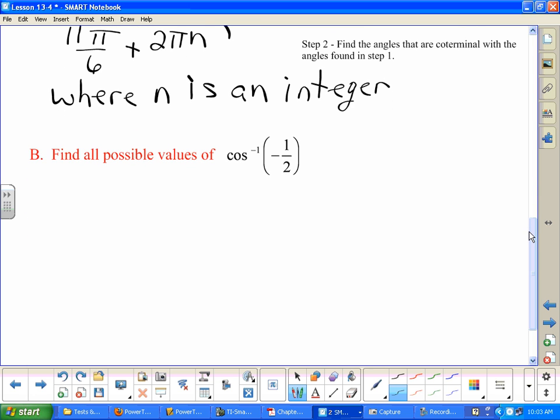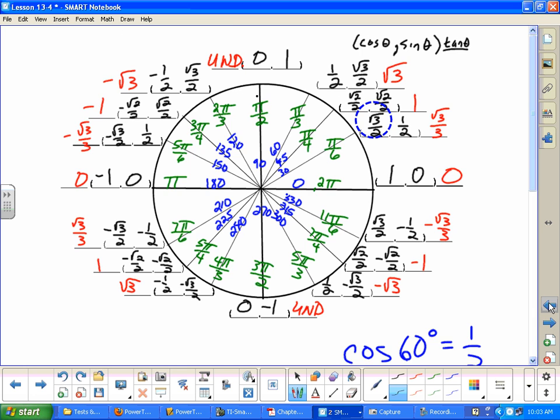It says, find all possible values of inverse cosine of negative 1/2. So we said cosine is x, right? Okay. So first of all, when is x negative? Is it on the right side of the graph, left side of the graph?